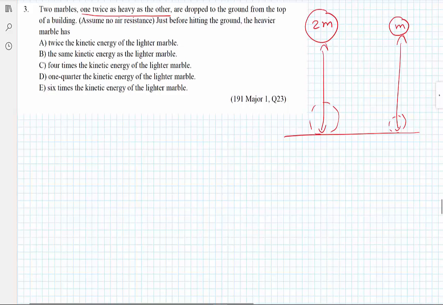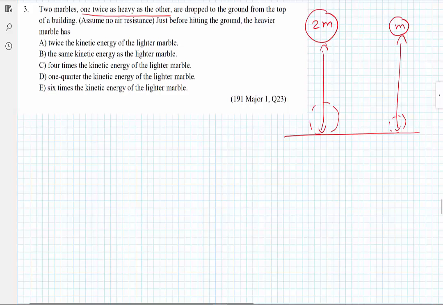When you leave it to reach the ground, all the potential is converted into kinetic. So at the end, the first energy is also twice the second energy, but now the energies are kinetic energies. So the first kinetic energy is twice the second kinetic energy. So I will choose twice the kinetic energy of the light marble, which is choice number A.